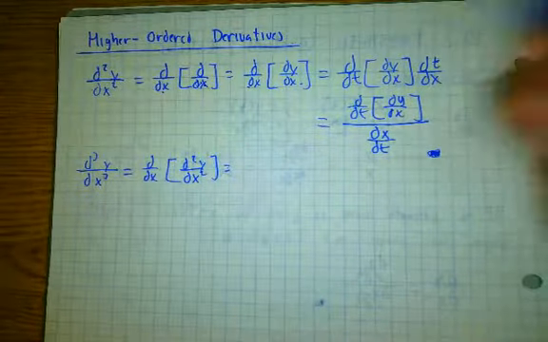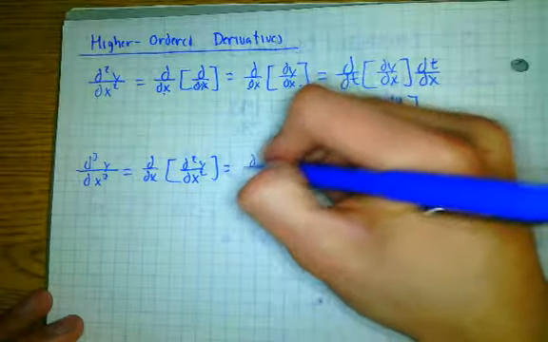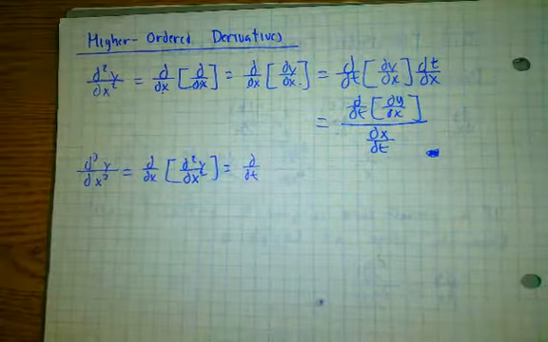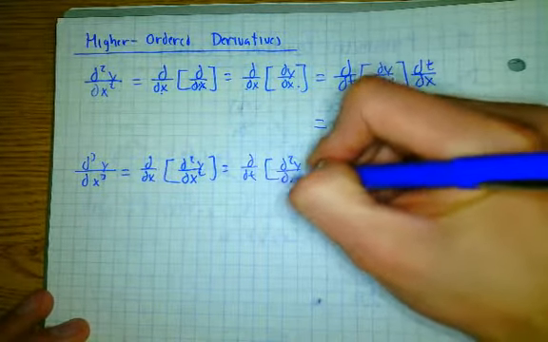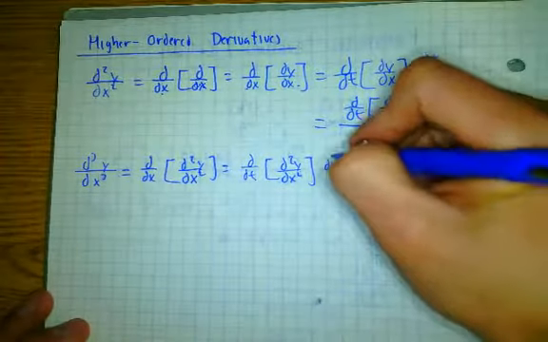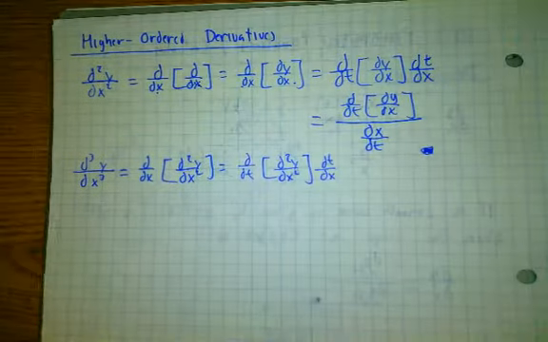We can rewrite it as, once again, this is going to be with respect to t, so the derivative with respect to t of the second derivative times dt over dx, so that again it's like multiplying by a form of 1.